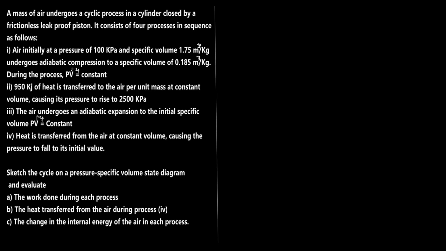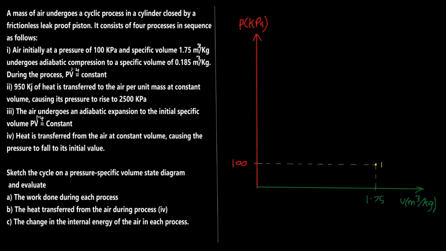To sketch our PV diagram, we need to know the pressure and specific volume for each state. At the initial state, the air is at 100 kilopascals and has a specific volume of 1.75 meters cubed per kg. Then it undergoes adiabatic compression according to PV to the power of 1.4 is constant until its specific volume is 0.185 meters cubed per kg.